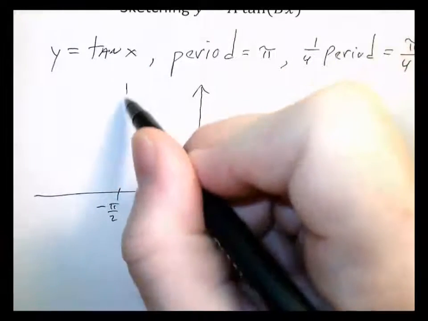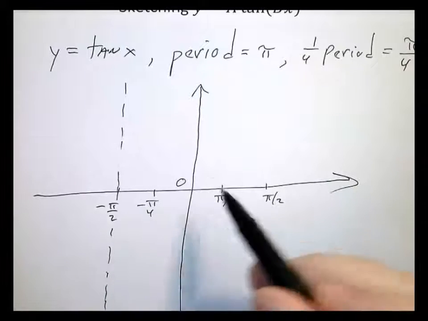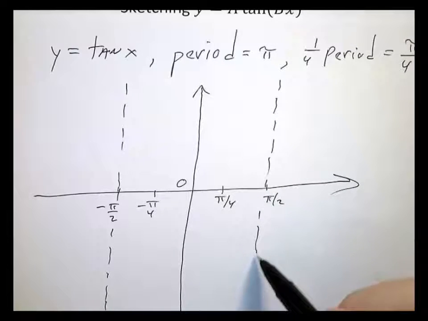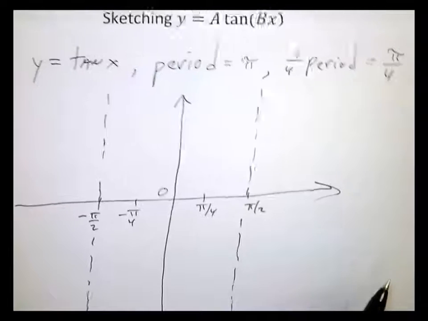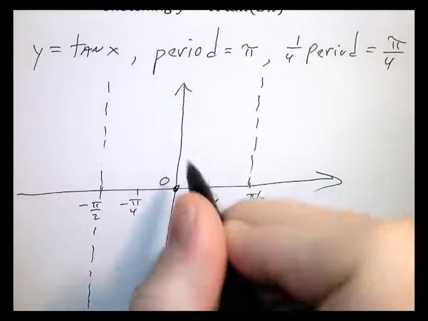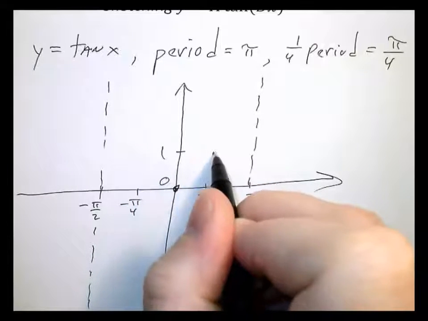So first of all, we have these asymptotes here, right? At the extremes, and I know that the tangent of 0 is 0. At pi over 4, we're going to be up here at 1.